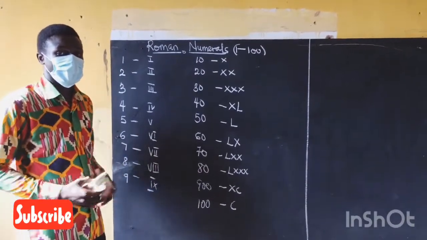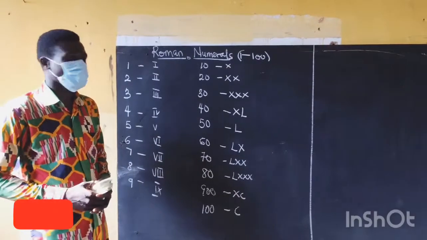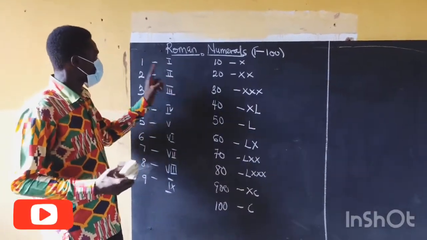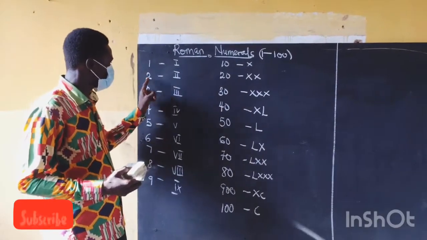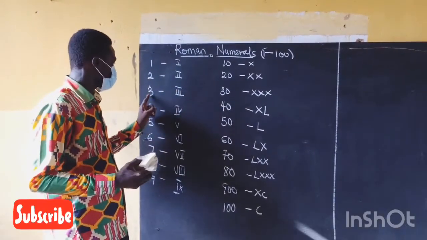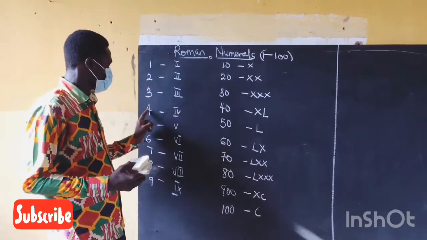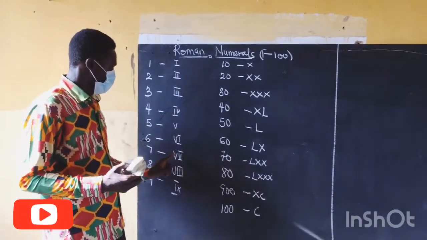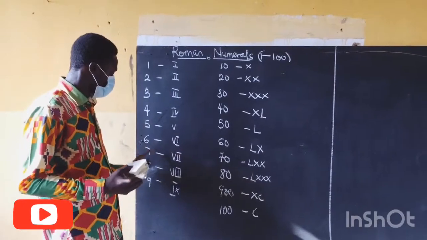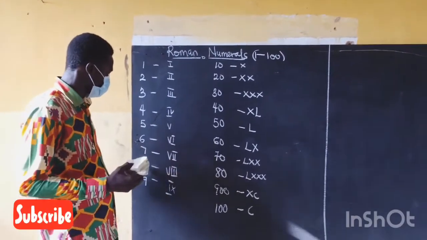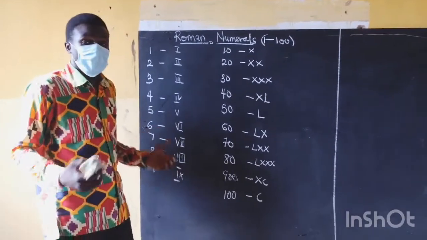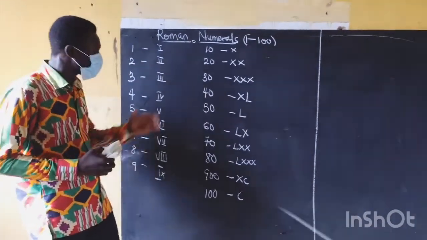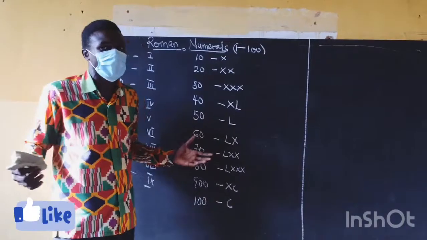We used to say I stands for 1, II stands for 2, III stands for 3, IV stands for 4, V stands for 5, VI stands for 6, VII stands for 7, VIII stands for 8, IX stands for 9. The way we recite this basic one, we can also recite this one like that.